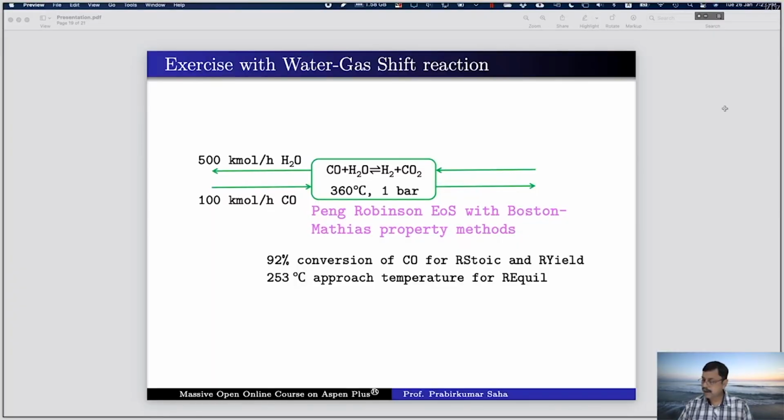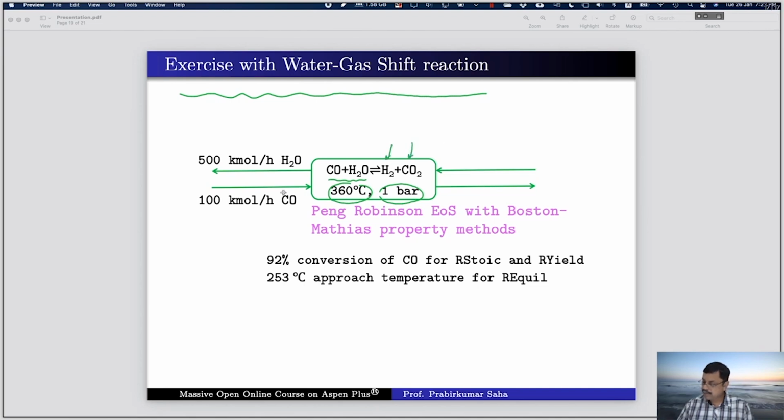So we shall learn about these four blocks which I have talked about: RGibbs, RYield, REquil and RStoic, using this small exercise with the water gas shift reaction. As we all know, the water gas shift reaction is about reacting carbon monoxide with water at 360 degrees centigrade and atmospheric pressure to achieve hydrogen and carbon dioxide.